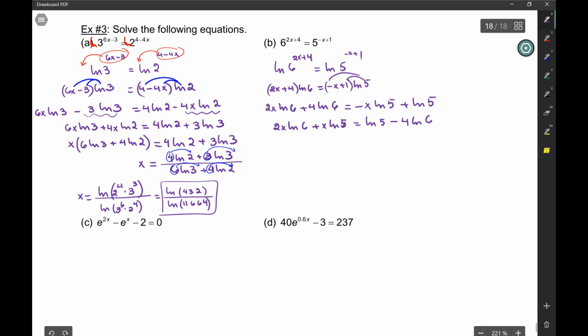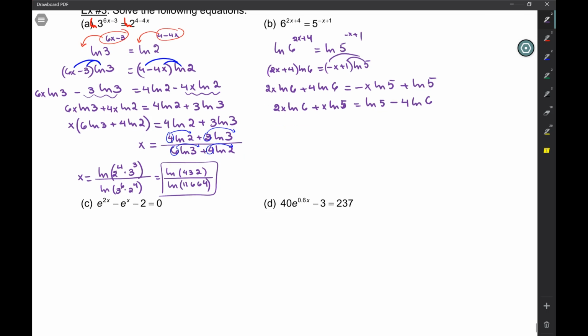All right, and now here we have ln minus ln, so we're going to get like a fraction eventually. Okay, factor out an x. 2 ln of 6 plus ln of 5 is ln of 5 minus 4 ln of 6.